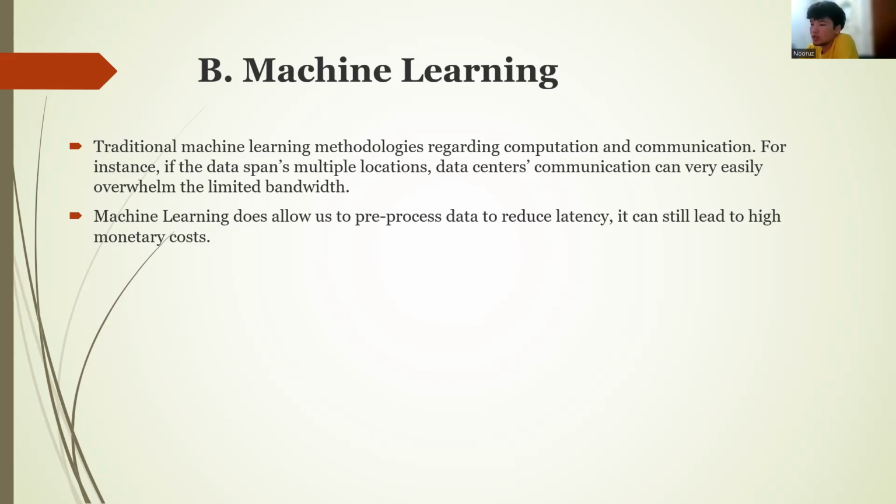And while machine learning does allow us to process data to reduce the latency, it can still lead to high monetary costs for communication because the data can be highly independent and highly distributed.